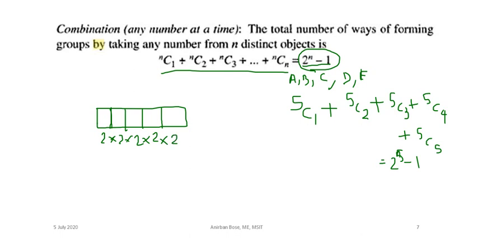Third person, two options. Fourth person, two options. Fifth person, two options. But in that case, one option has already been considered, that the first, second, third, fourth and fifth members are all not there. That particular case means there is no member in the group, so it should not be considered, because in that case the group will not be formed. So you have to subtract one. In this way the same thing can be thought of differently, and you get the same result, which is 2 to the power 5 minus 1.